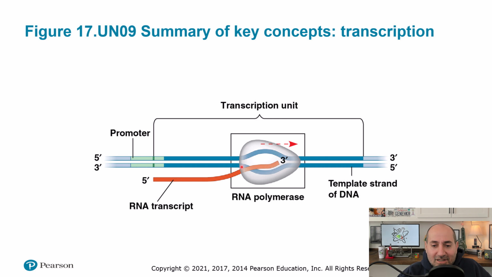And we're only copying the template strand, synthesizing a new RNA transcript 5' to 3' until we reach the termination site somewhere around here. And then RNA polymerase lets go, revealing the newly synthesized mRNA transcript. Isn't that neat?